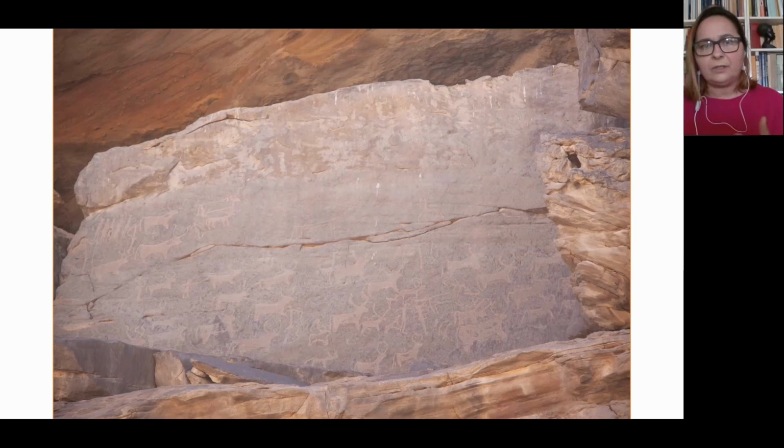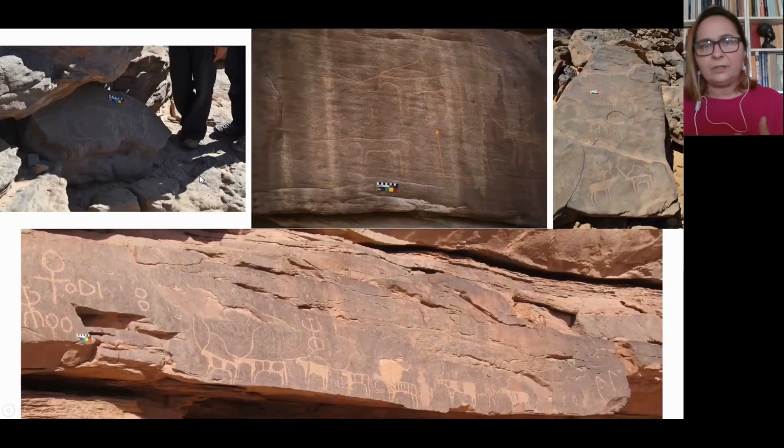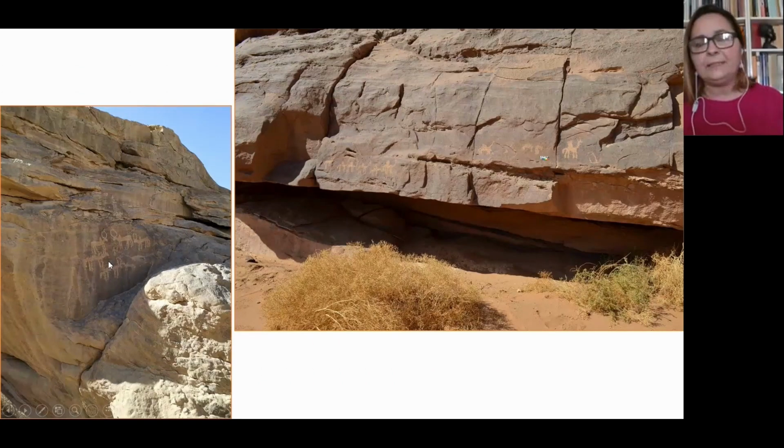The site is called Wadi Ras Ras, this site in the desert, and it is full of cows. There are many, many of them in different ways and different contexts. We have also later evidence of zebu, for instance. They are pretty uncommon in this part of Africa. They are more common in the Horn of Africa, and also of camel, as I said.